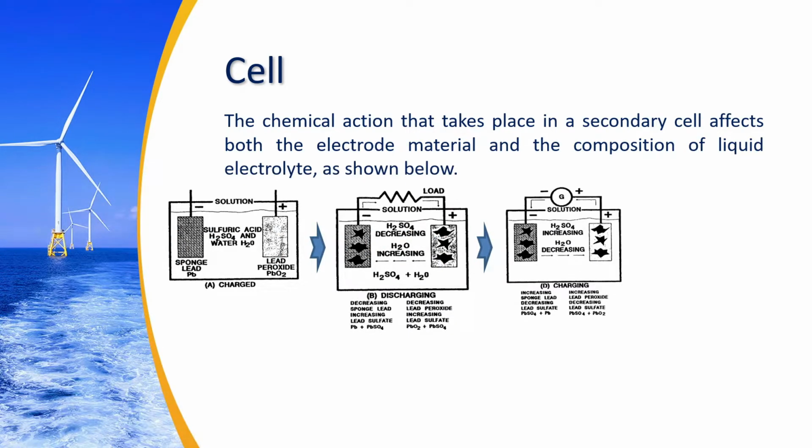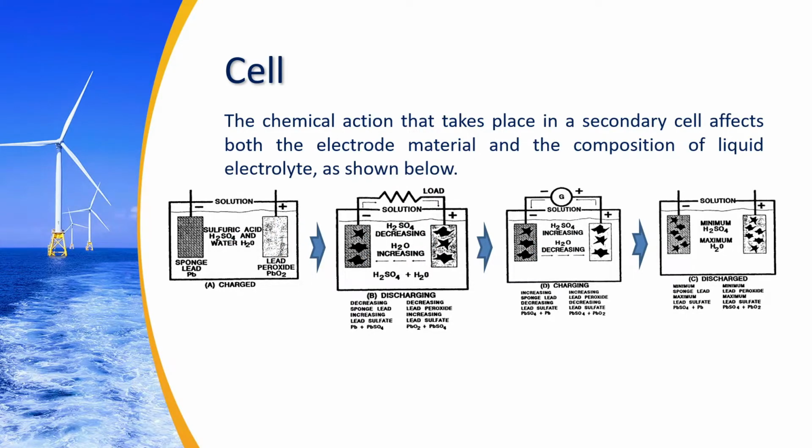So, kapag nag-charging ulit siya, okay, mangyayari, yung sponge lead natin is increasing. So, kabaliktaran na. Then, yung lead sulfate is magbabawas. So, decreasing na. Then, sa kabilang electrode natin, yung lead peroxide natin is increasing. Then, yung lead sulfate is decreasing naman.